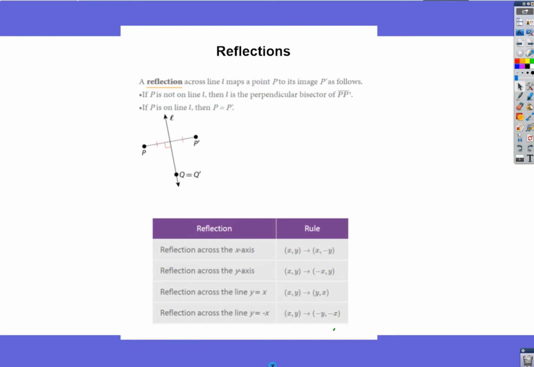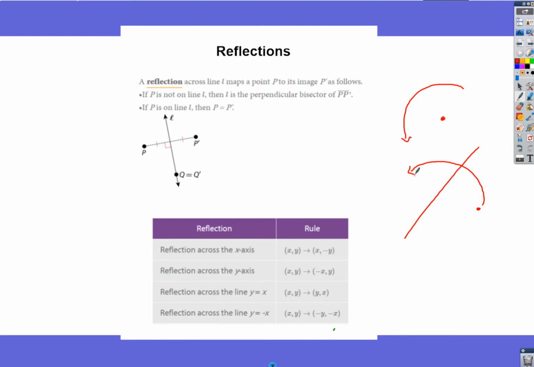Unlike a rotation, reflections occur about an axis. When I rotate, which is what we did yesterday, a rotation occurs around a point of rotation. Whereas today, a reflection occurs across an axis, across a line.